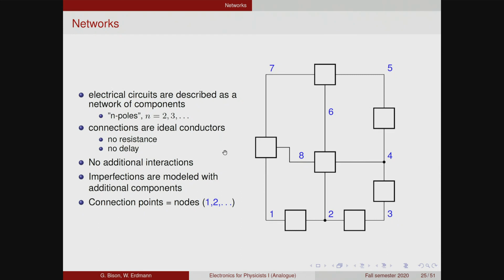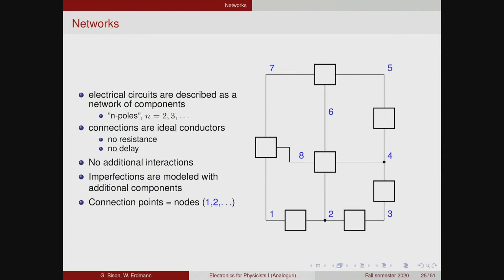Connections are ideal conductors, so they have no resistance and there's no delay: if a signal emerges here, it's immediately visible at this point. It's important that for network analysis we rely on the fact that there are no additional interactions. If you have a real electronic system and you put a conductor close to it, the magnetic field of this conductor might have an influence on the electronic component that we have here.